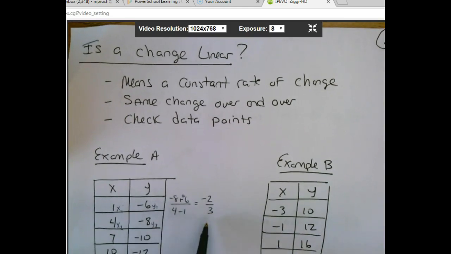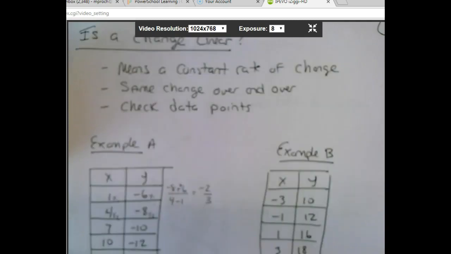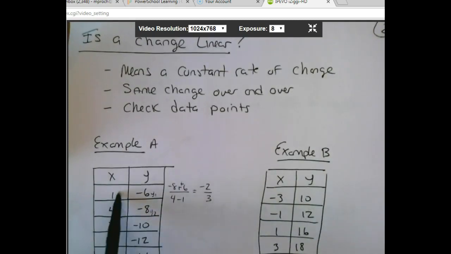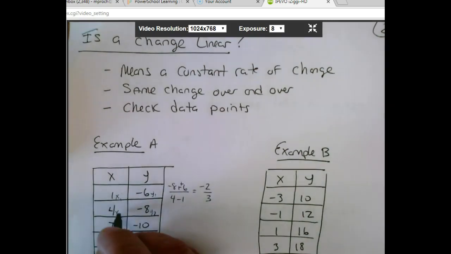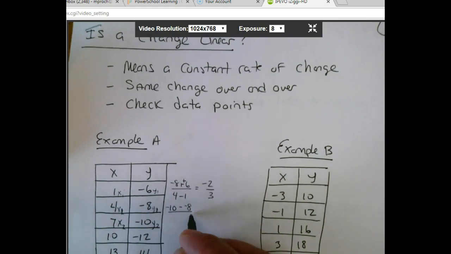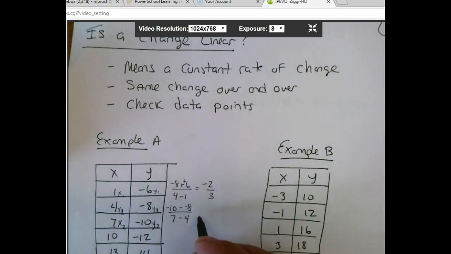And then we could check somewhere else. We could check the next one and see if it's the same slope. We'll just go to the next one. So we've already checked these first two, so we'll just go down one. We'll make this x1, and the next one x2, this one y1, and this one y2, and we do it again. So we'd say -10 minus -8 over 7 minus 4.